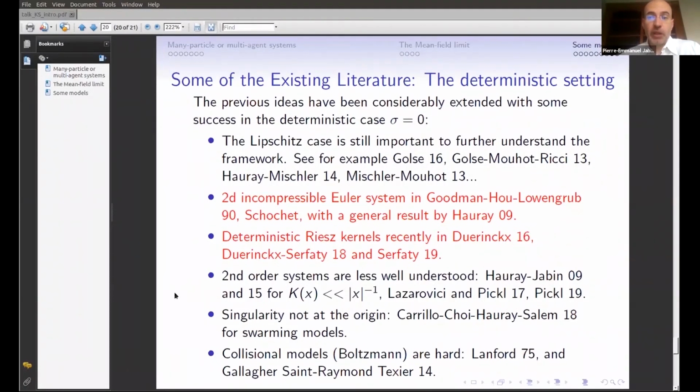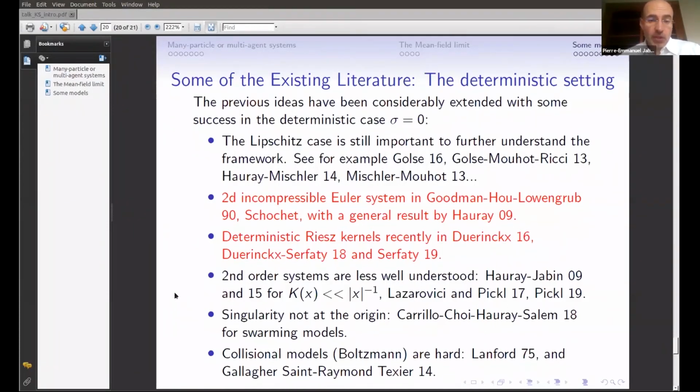If I am looking at strong repulsive interactions, then there is a very nice result by Serfaty and Duerinckx, and Serfaty for Riesz kernels. There's no result for singular attractive potentials of the type of Keller-Segel, because without diffusion, that is most certainly ill-posed.